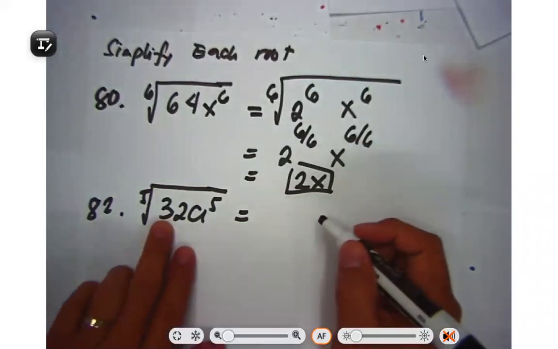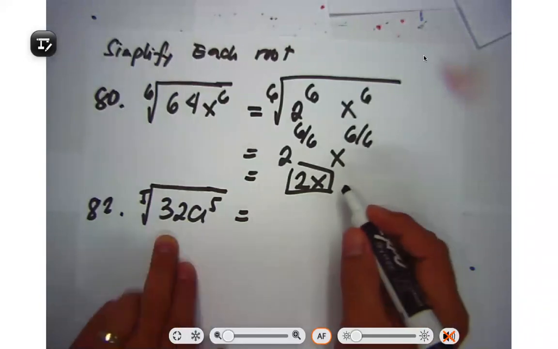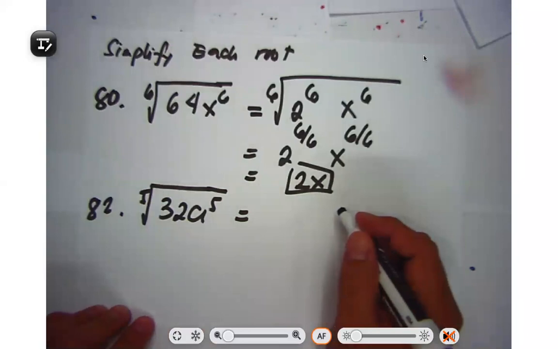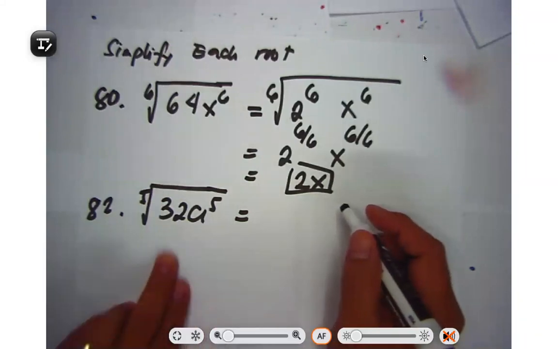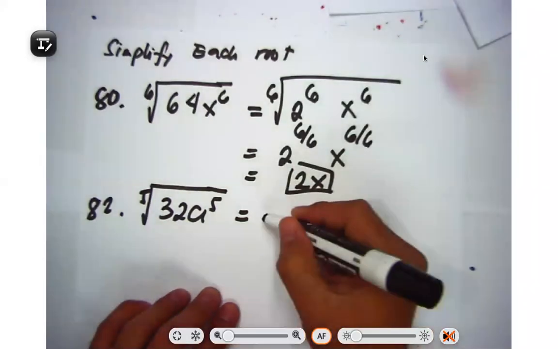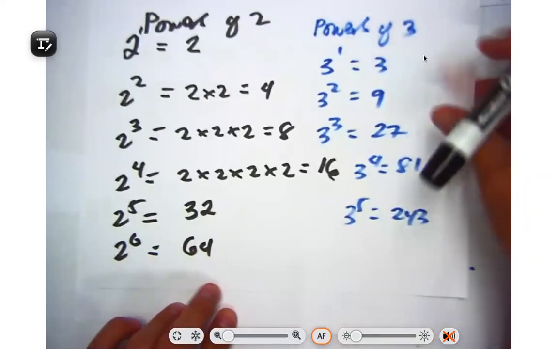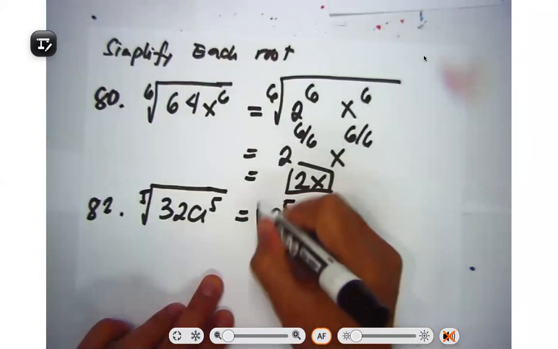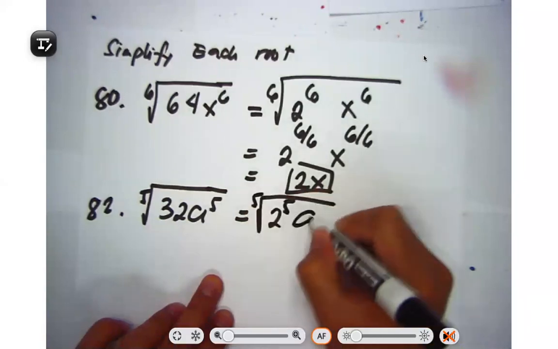For fifth root of 32a raised to 5, you can express 32 in exponential form. What number will give you 32 if you multiply it 5 times? It's going to be 2. So that means, looking at the powers of 2 here, 32 is the same as 2 raised to 5. All right, so that's 2 raised to 5. We have a fifth root there, a raised to 5.